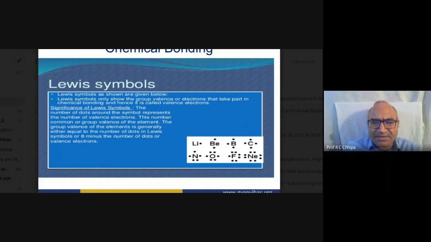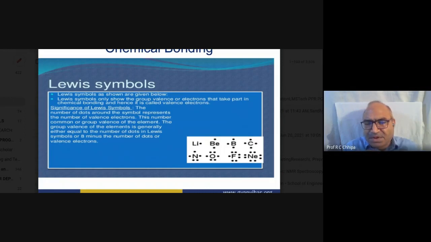Different elements have their Lewis electronic dot structures, and with the Lewis dot structure we can easily define or visually see the chemical bonding. Here oxygen can be represented, oxygen itself having 6 electrons.